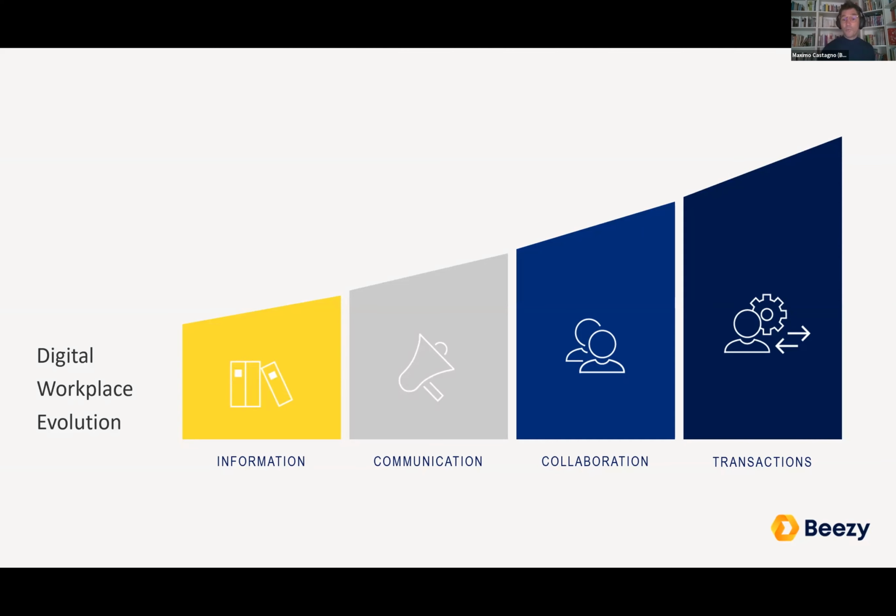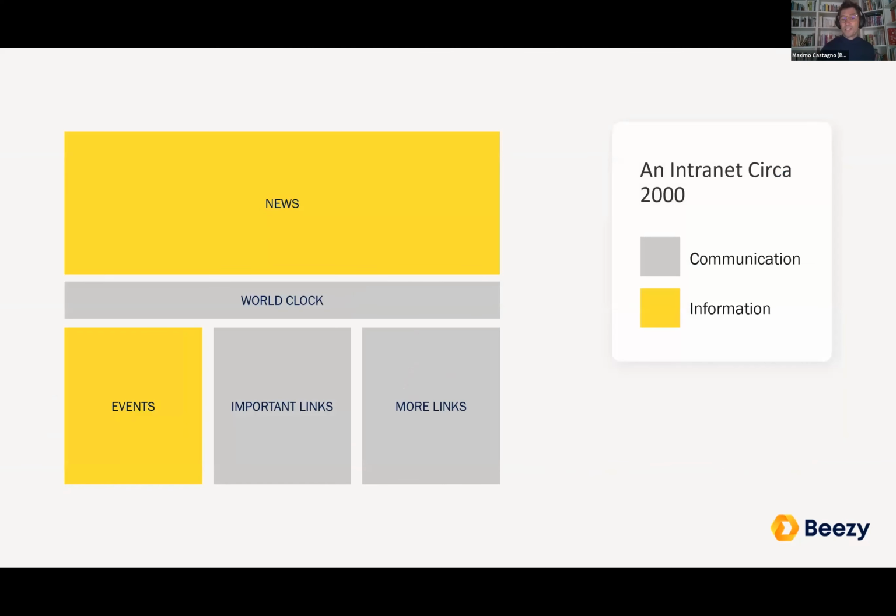And basically what we see here is that the evolution took us from an intranet around the 2000s when we started in this journey, where it was mostly a combination of information and communication. And you had the news, the world clock, or this kind of weird widget that we sometimes see even still today, events, links, and more links.